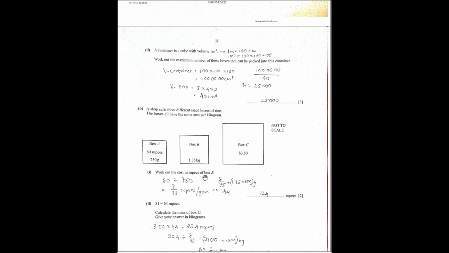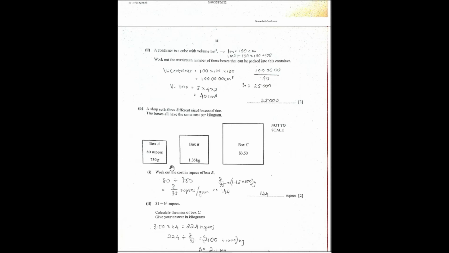Work out the cost in rupees of box B. To tackle this question, I took my 80 rupees divided by 750 gram to find how many rupees cost per gram. So we get 8/75 rupees per gram.